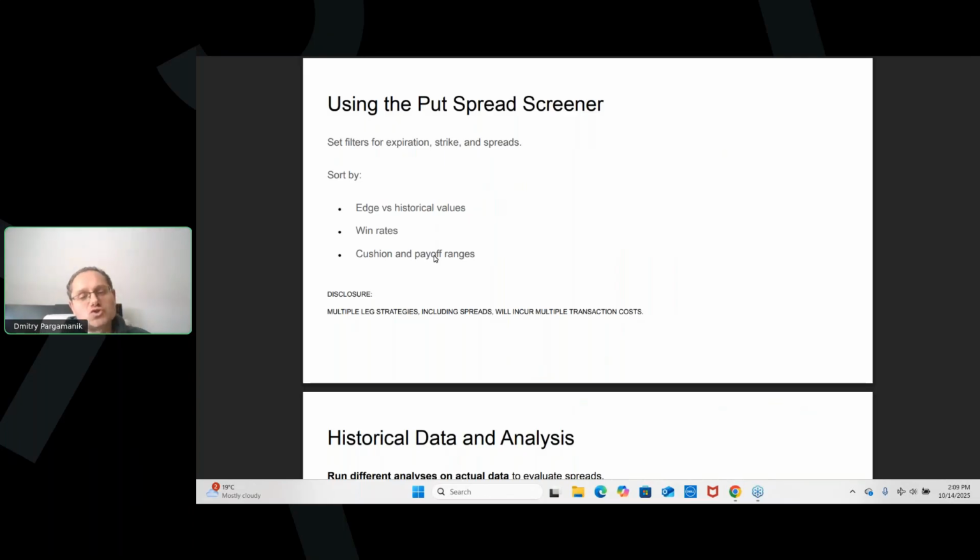We could also screen by theoretical win rates, the estimated probabilities of success, or by the cushion we have, or the different payoffs we estimate based on stock moves: one standard deviation down, one standard deviation up, unchanged, three standard deviations, and so forth.